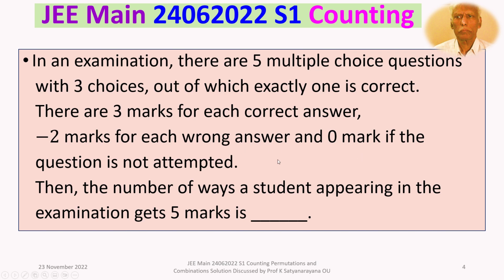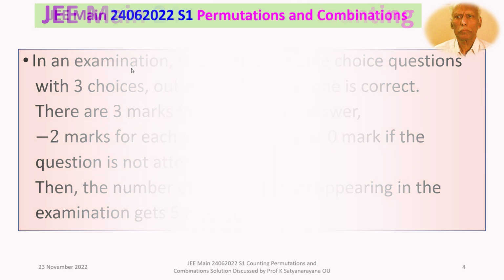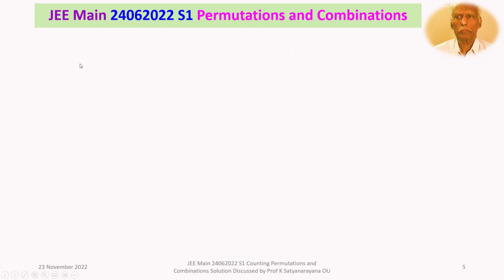If the question is not attempted, no marks are given. Now, we have to find the number of ways a student appearing in the examination gets 5 marks. We now discuss the solution of the problem in detail.